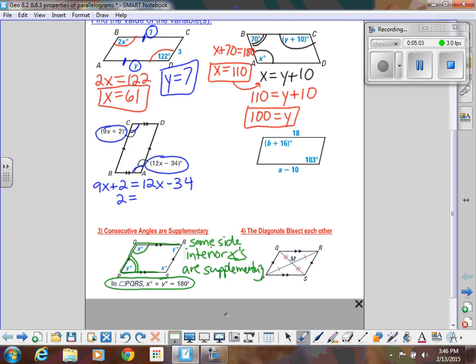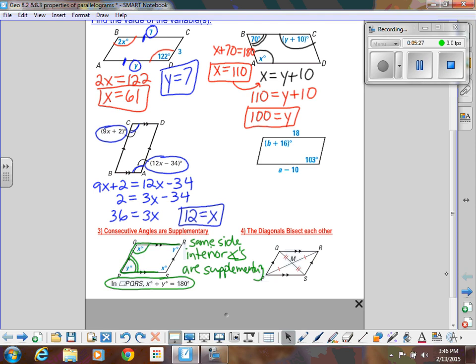So that's going to give me 2 is equal to 3x minus 34. Then I'm going to add the 34 over to the other side. That's going to give me 36 equals 3x. And now I'm going to divide both sides by 3, and that's going to give me 12 for my x. Good, and that's the only variable in that problem, so we've solved that problem.